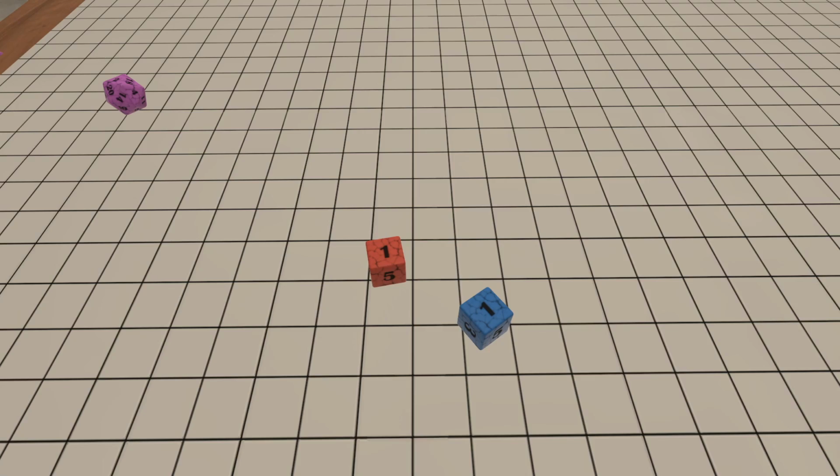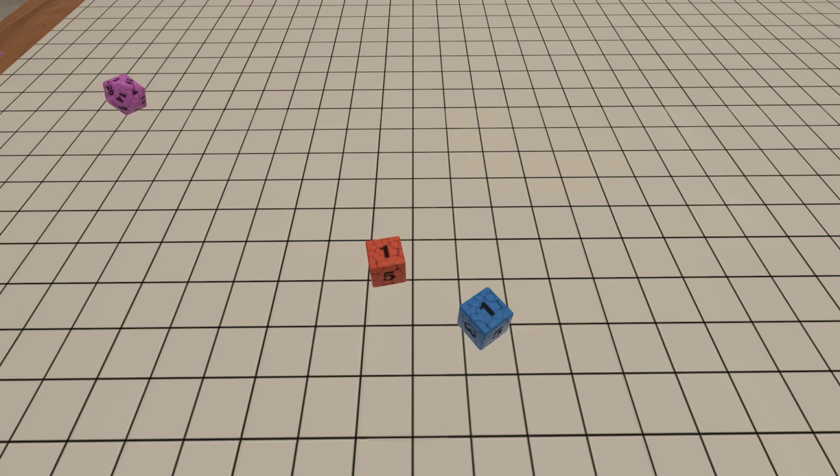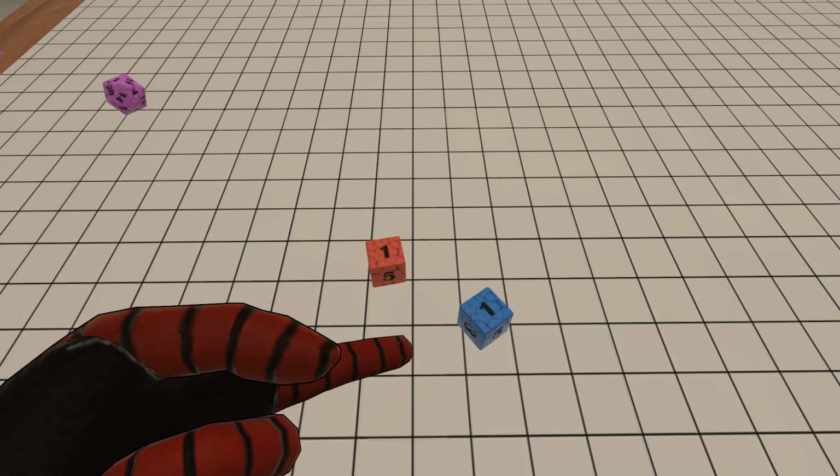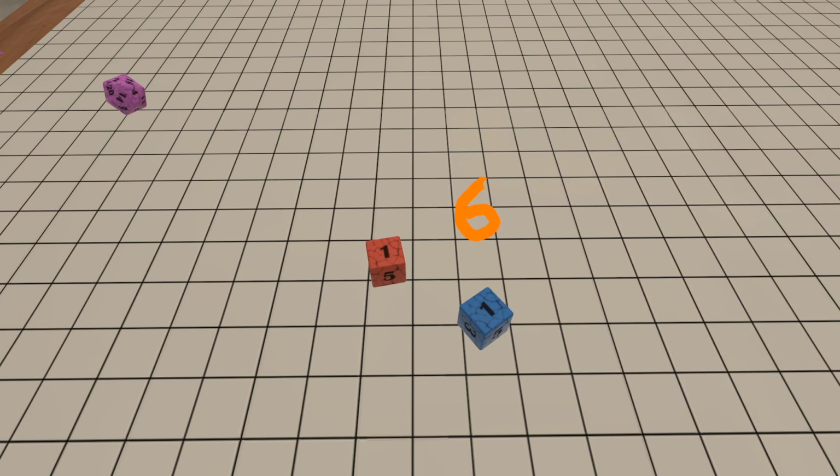In this example, we're going to be looking at what's called a two-step experiment. So here we have a blue dice and a red dice. What we're going to do is roll one dice and then roll the other and see what combination we get and what those two dice add up to. Now this dice here has a total of 6 different outcomes because there are 6 sides on the dice.